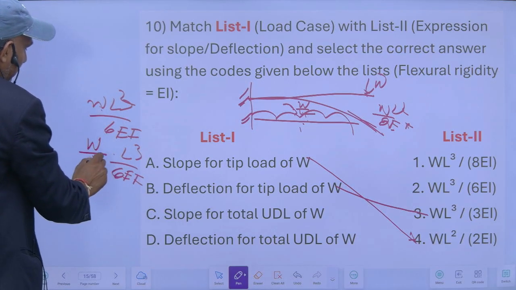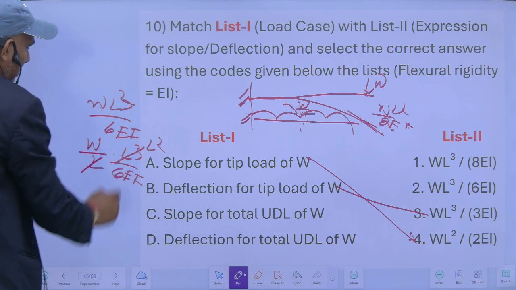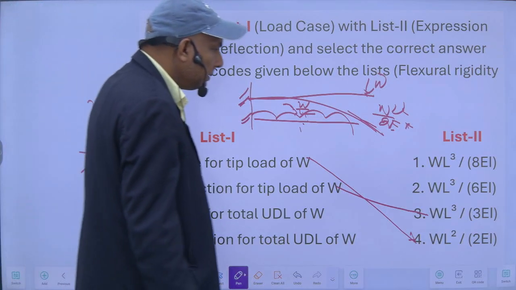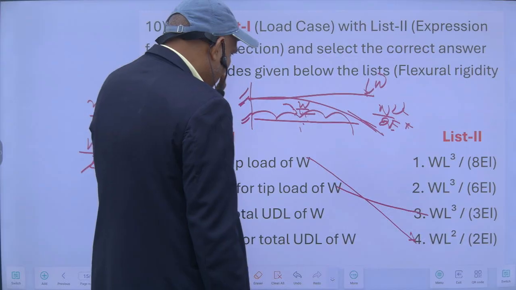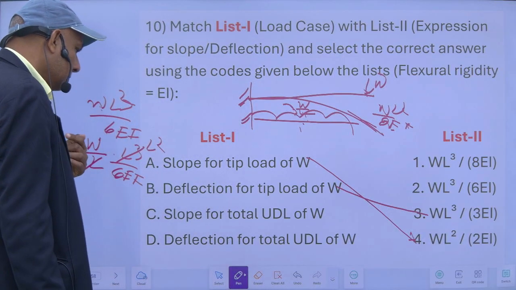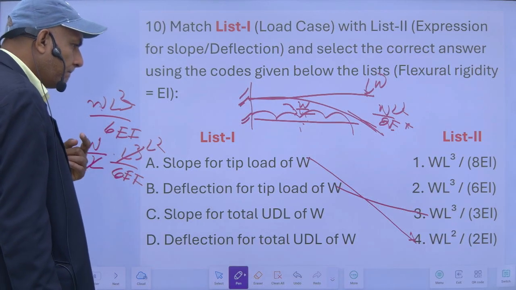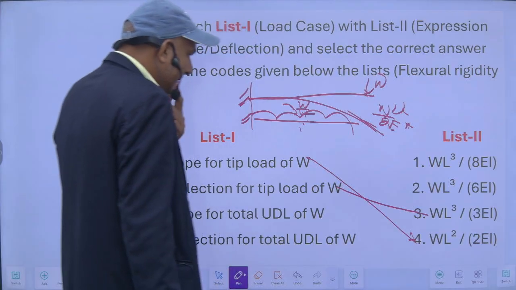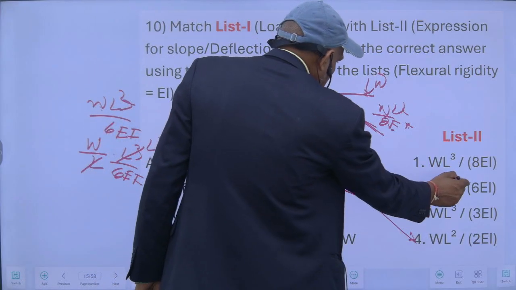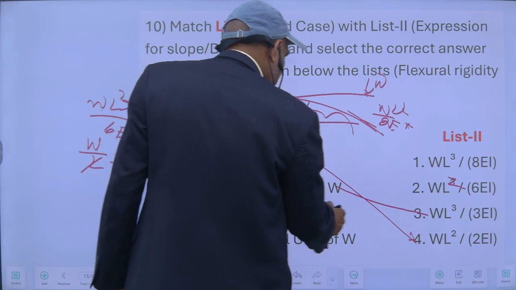So this will become WL square upon 6 EI. I think some mistake is there. So this will go with this.